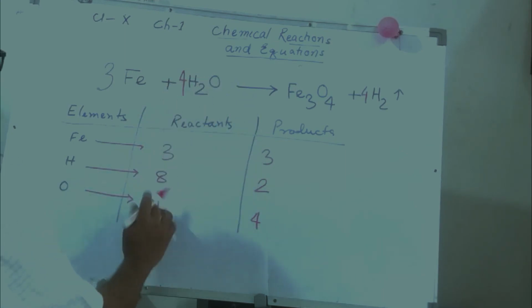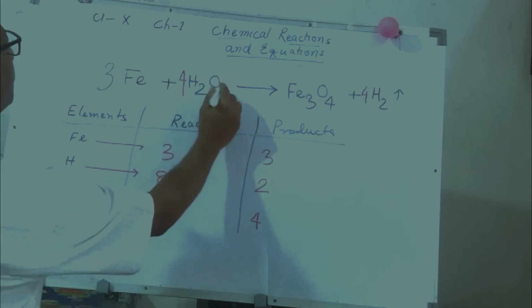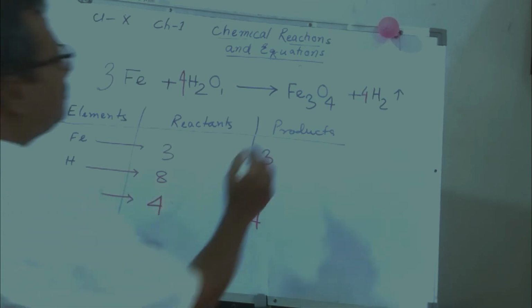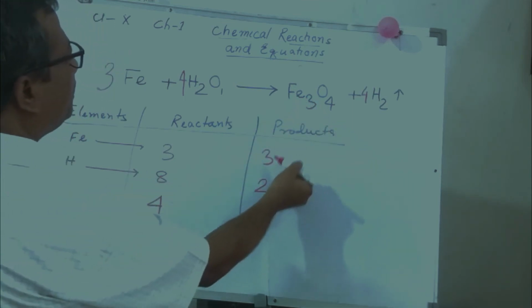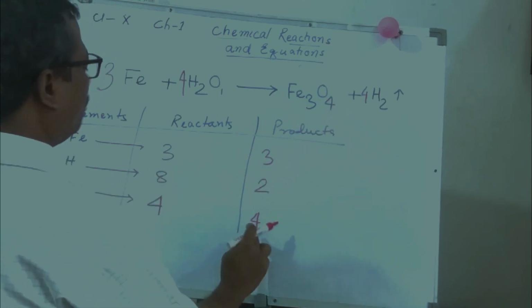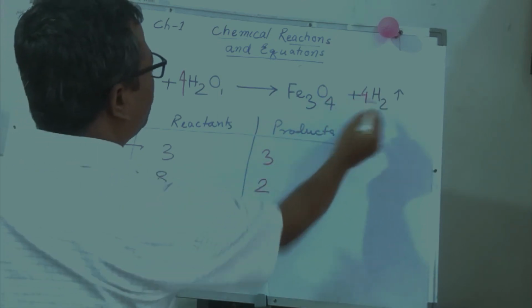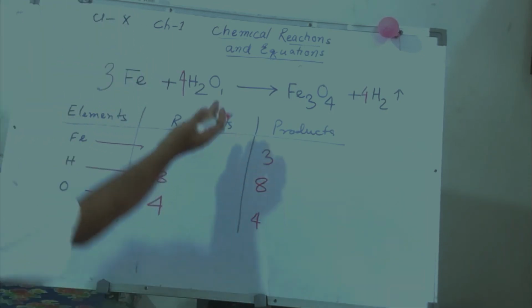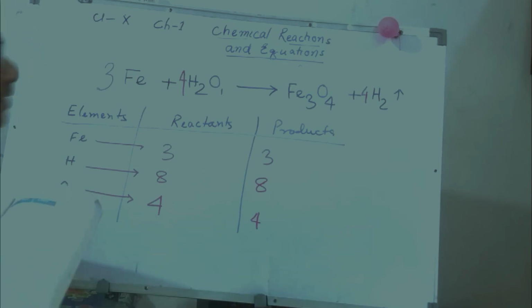Here you see iron is 3, oxygen is 4, hydrogen is 4 times 2, which is 8. So the left hand side and right hand side of the mass of the element remain the same.